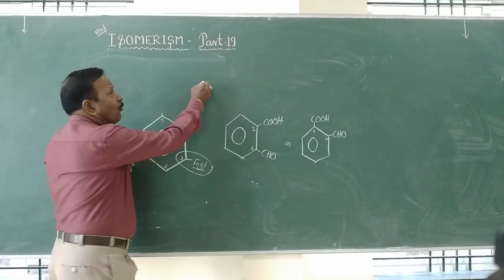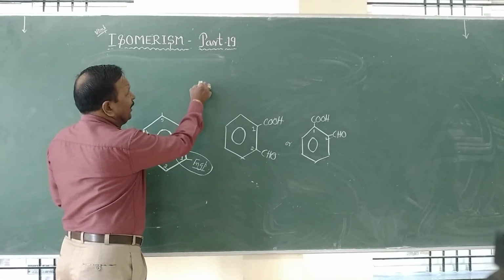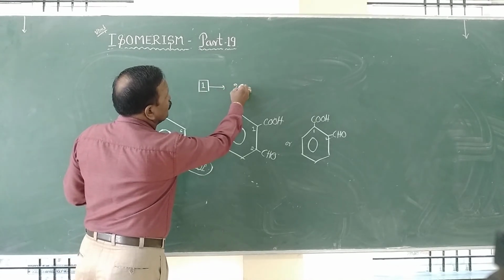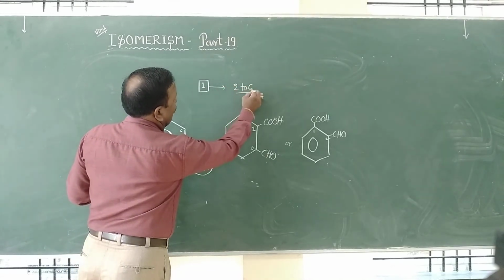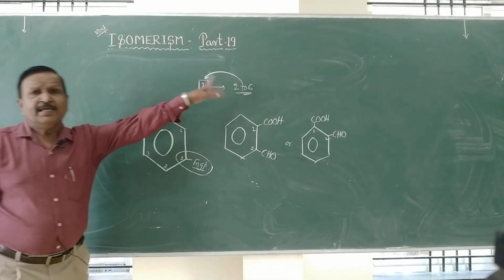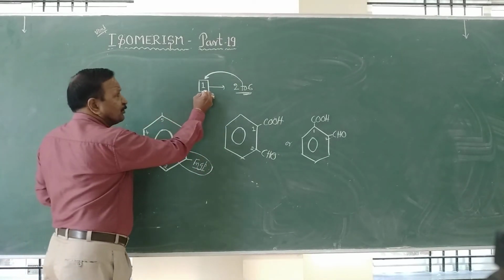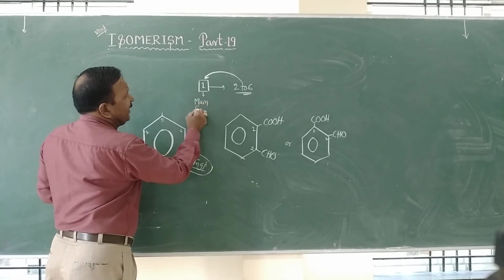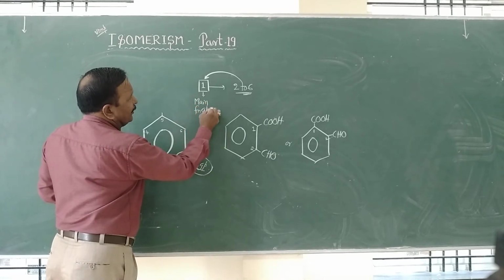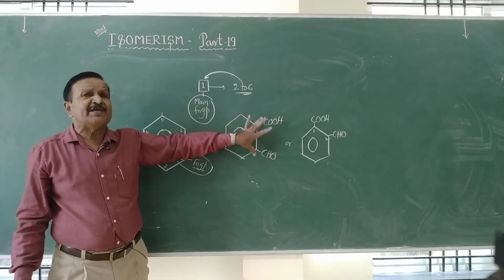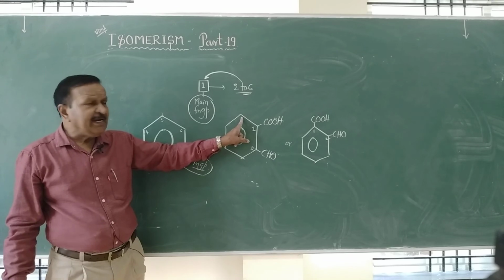So the first functional group will decide the remaining numbers 2 to 6. The 2 to 6 portion depends upon the first, and the first position depends upon the main functional group. Wherever the main functional group is, it may be anywhere in the benzene ring.